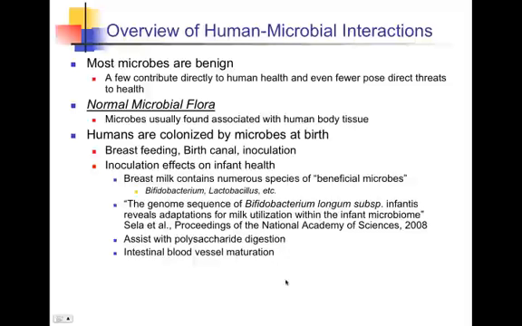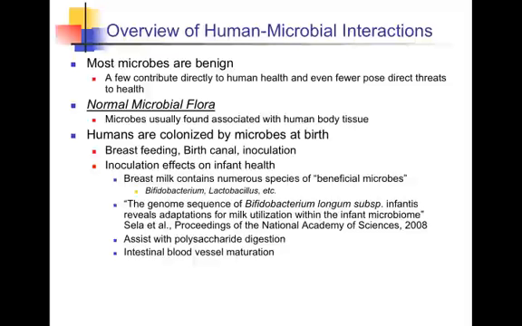And then you see a citation there from a recent study from 2008 describing the presence and distribution of different Bifidobacterium species and subspecies inside milk and how they become part of the human infant microbiome.